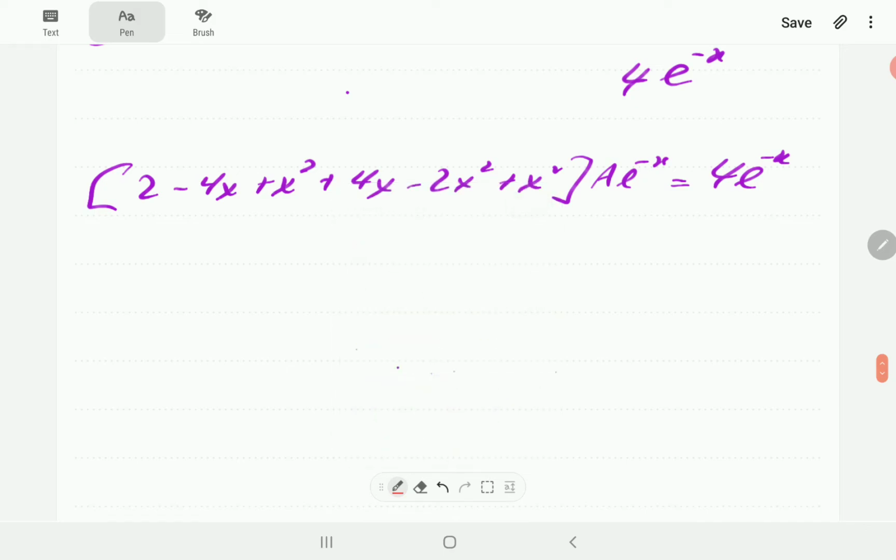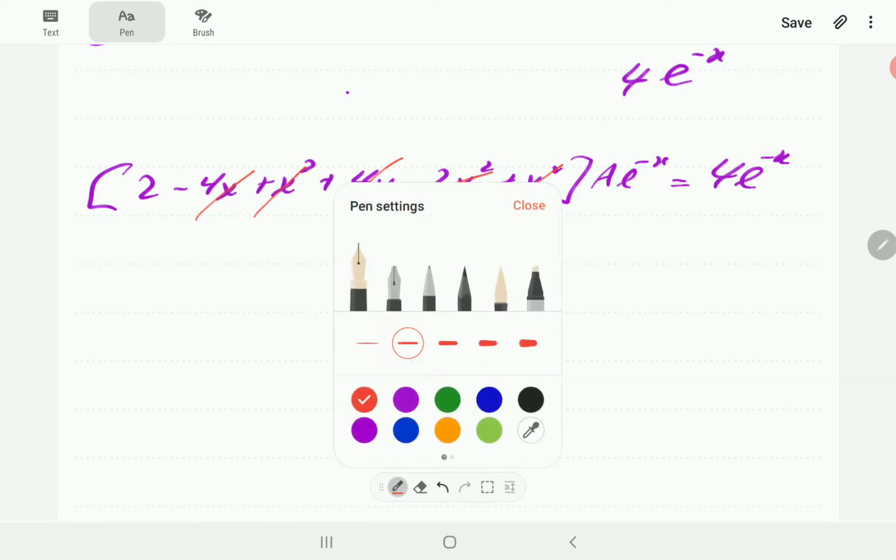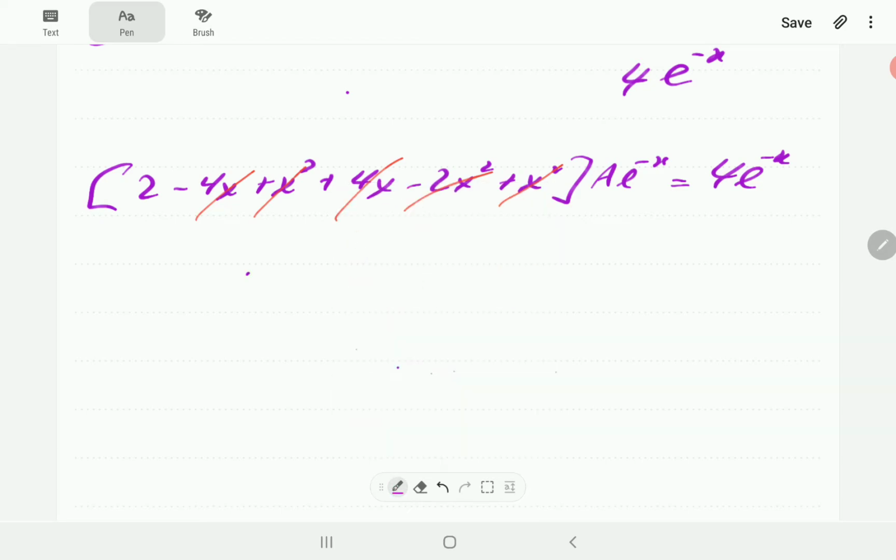Then when you collect terms, the 4x and the minus 4x cancels out. The x squared terms cancel out as well, because you have got 1 here plus another 1 and then minus 2 of them. So that means on the left hand side we just have 2a e to the minus x equals 4e to the minus x.